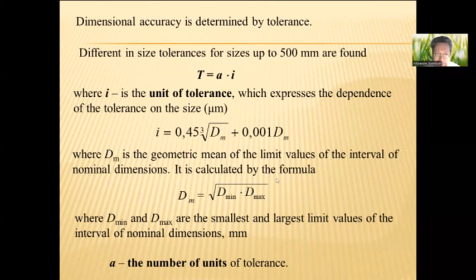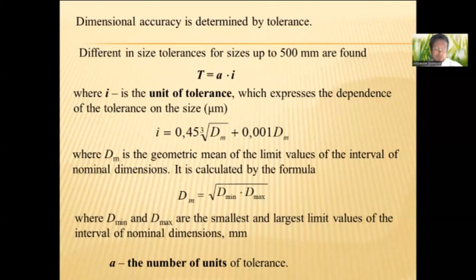I is equal to 0.45 multiplied by the cube root of D suffix m plus 0.001 multiplied by D suffix m.